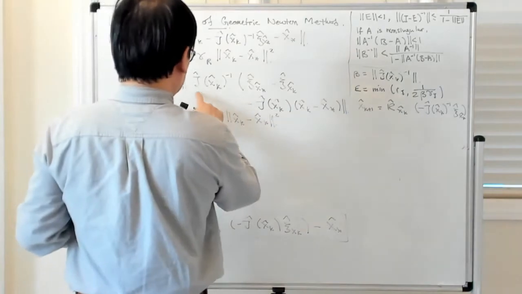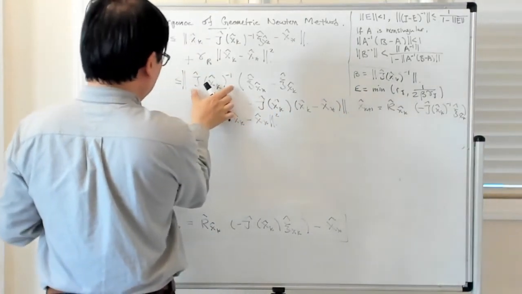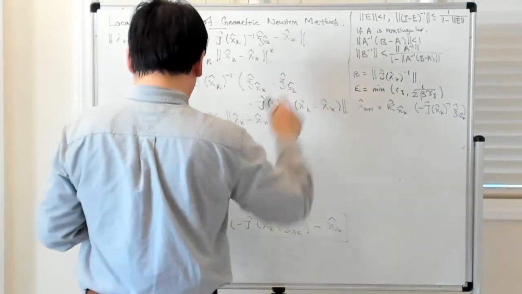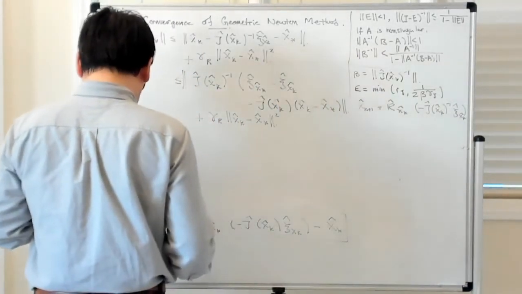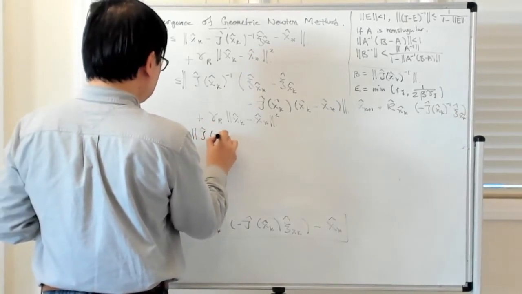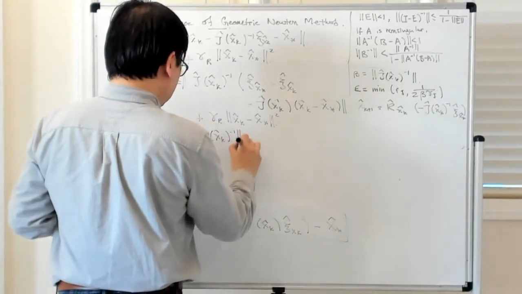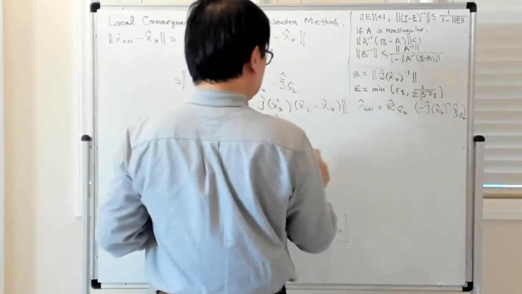So I can write the norm of this in terms of the operator norm times the norm of the vector.